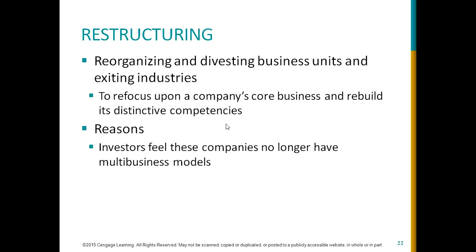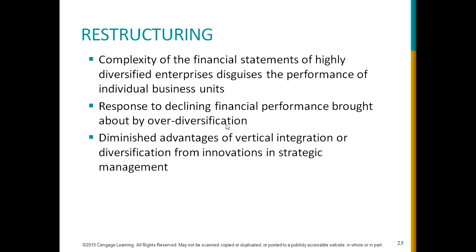Reasons why? Investors feel these companies no longer have multi-business models. Complexity of the financial statements of highly diversified enterprises disguises the performance of individual business units. Response to declining financial performance brought about by over-diversification. Diminished advantages of integration or diversification from innovations in strategic management.